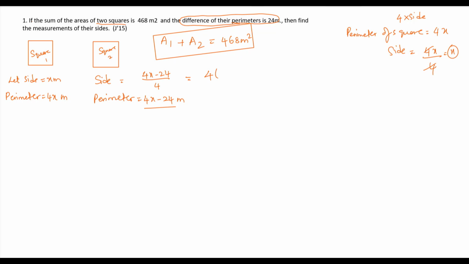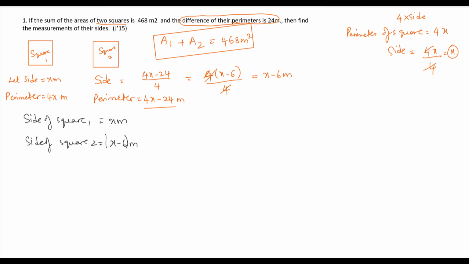Taking 4 common from 4x minus 24, I'll be left out with x minus 6 by 4. 4 and 4 gets cancelled. We'll be left out with x minus 6 meter. So from this we now have the side of the square 1, that is x meter, and side of square 2 is x minus 6 meter.